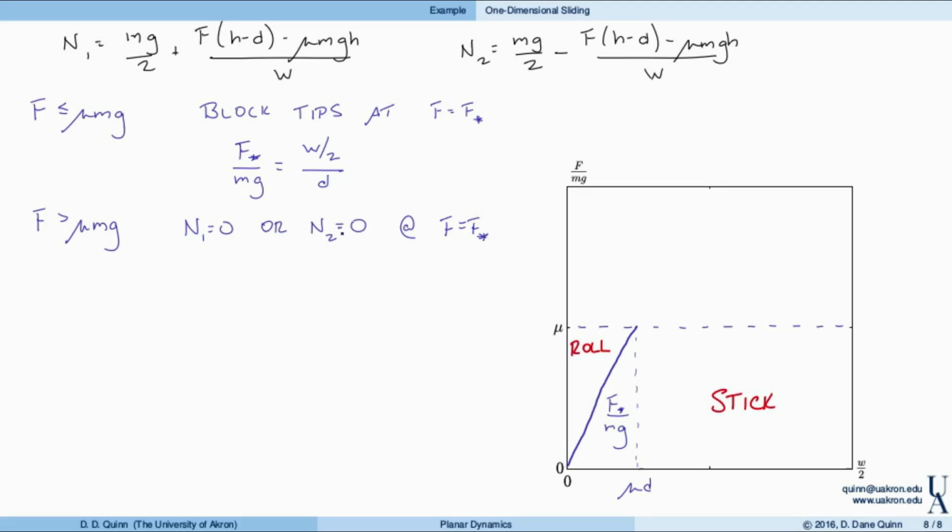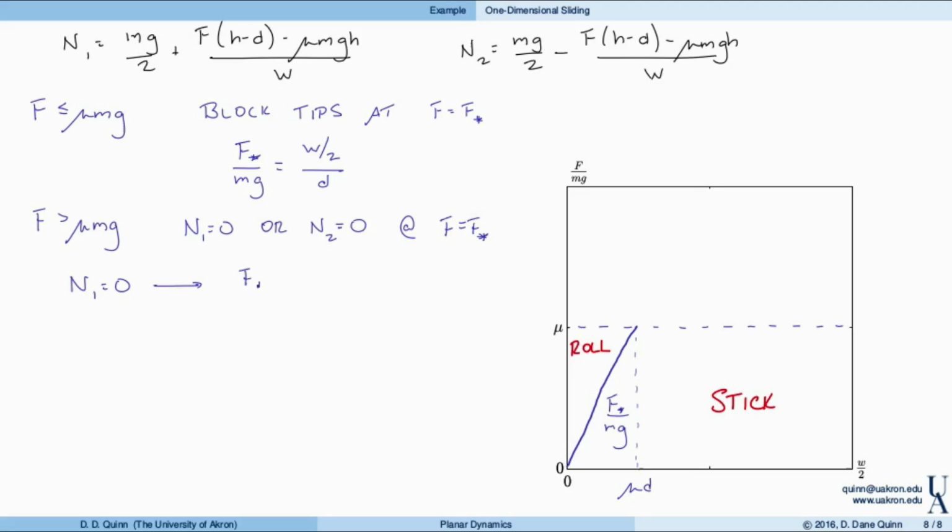And there's a different value for each of these two cases. So now, looking back into this expression, we'll set N1 equal to 0 with F equals F star, and we solve for F star.